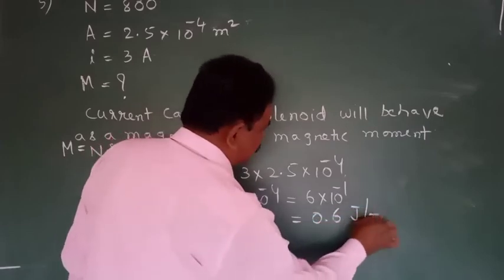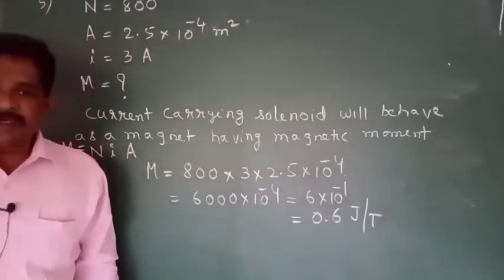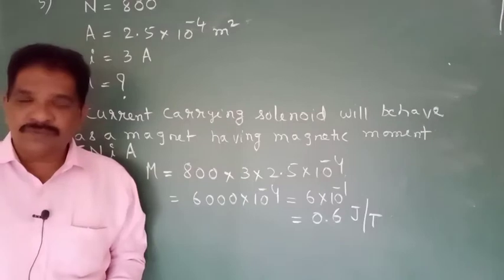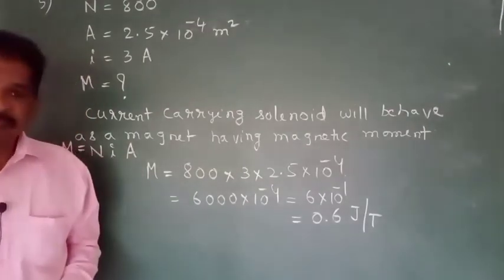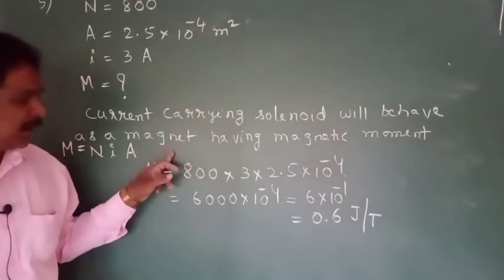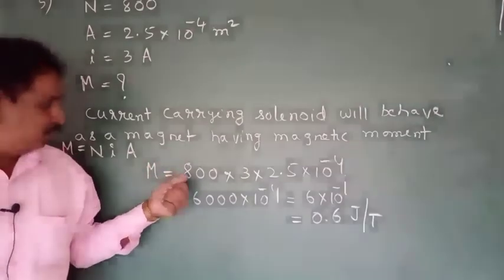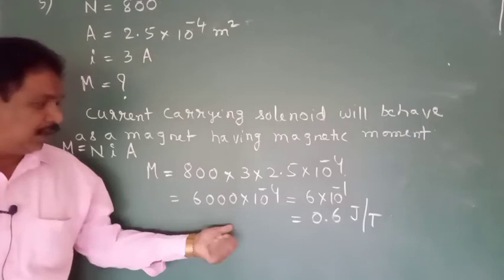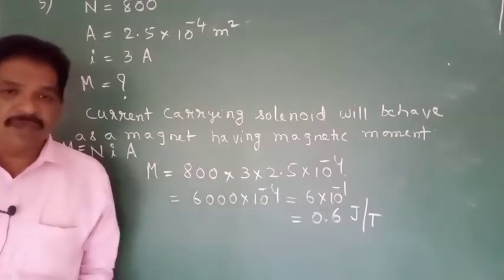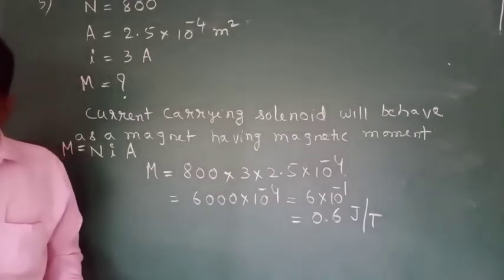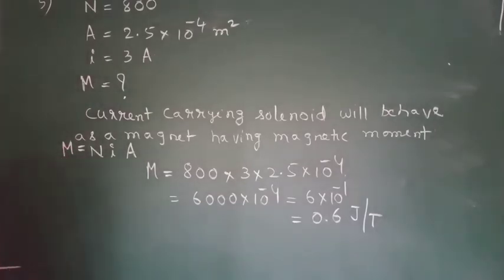You can use the unit joule per Tesla or ampere meter square. So a current carrying solenoid will behave as a magnet and its magnetic moment value will be equal to NIA. So we will get that value as 0.6 joule per Tesla. Clear?